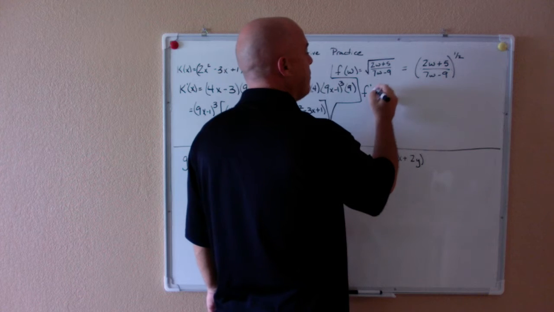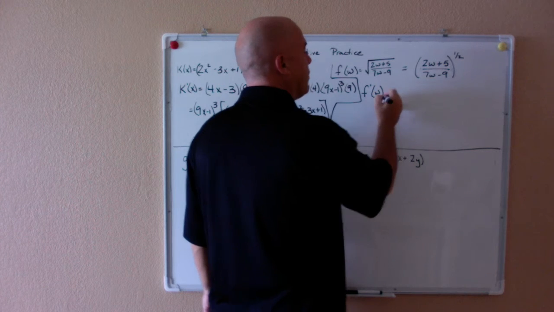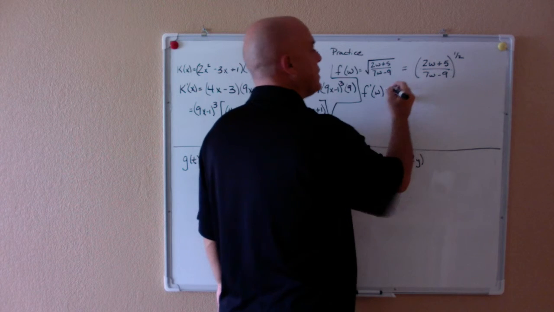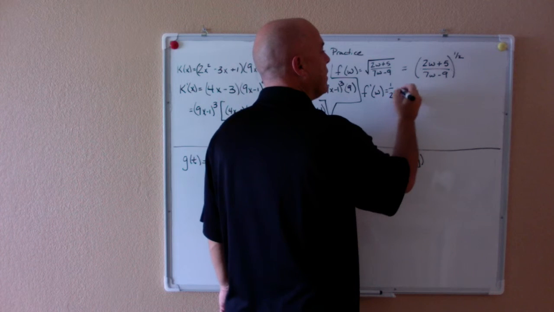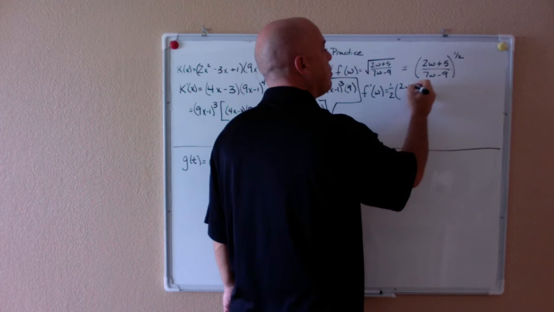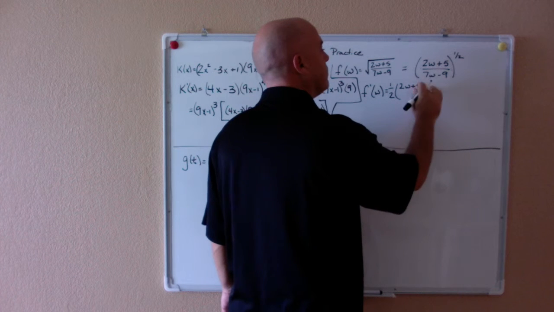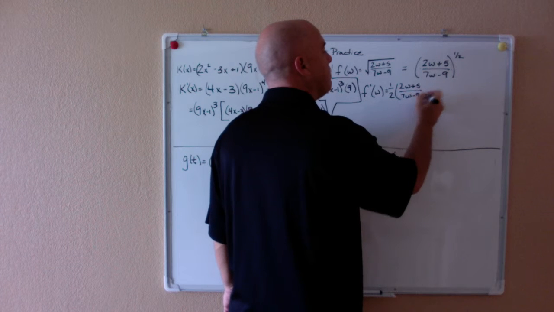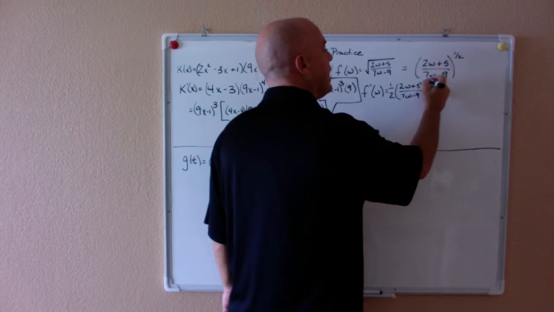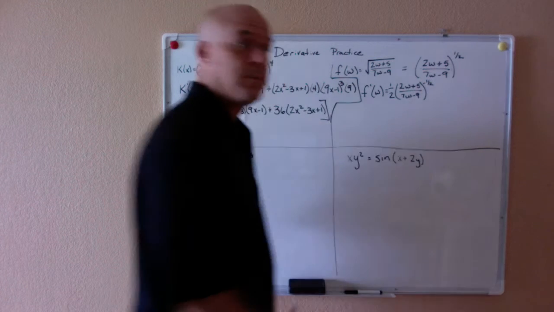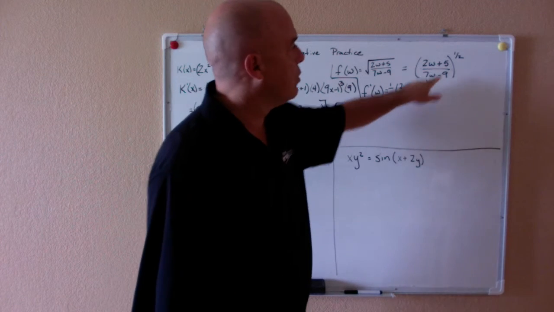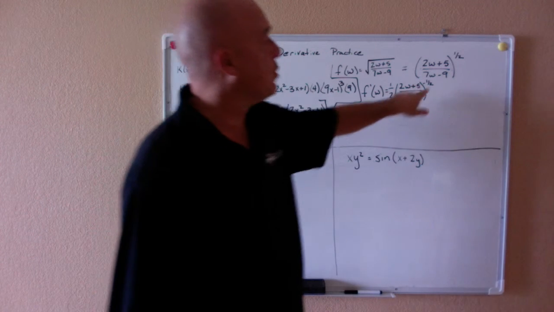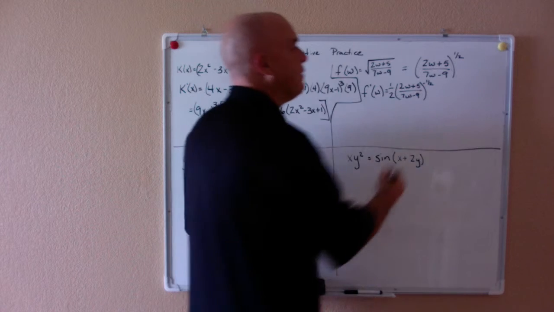I've got f prime of w, the derivative of f with respect to w, is equal to 1/2 times 2w plus 5 over 7w minus 9 to the negative 1/2 power. Using the power rule, that moves it from 1/2 to 1/2 minus 1, which gives me negative 1/2. Now I have to multiply that times the derivative of the inside function.